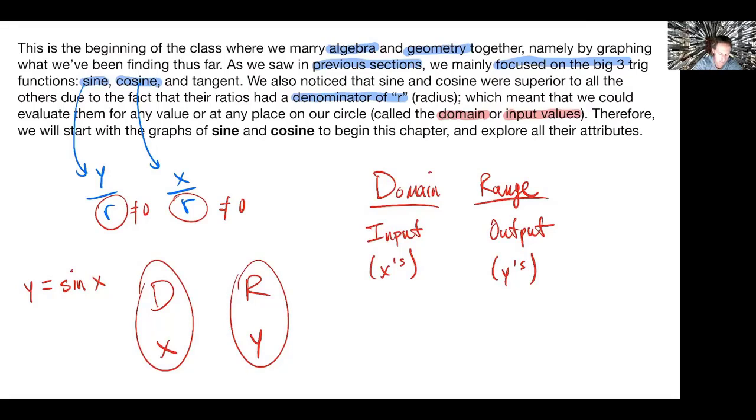So now it's going to look more familiar when we go to actually graph these things, and we'll talk about an x-axis and a y-axis, just like we always have since the beginning of our algebra and geometry careers. All right, so we're going to start discovering what a lot of the attributes are to this.